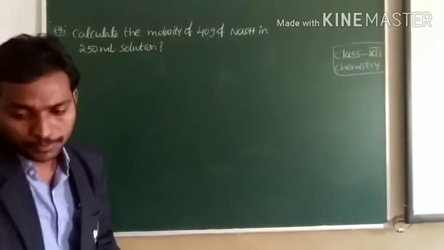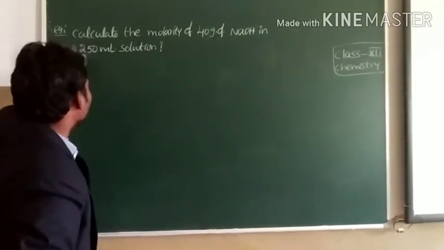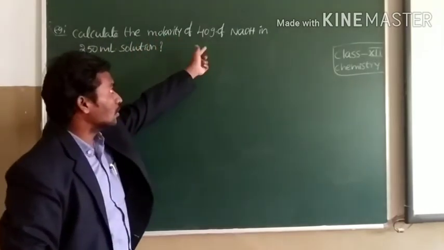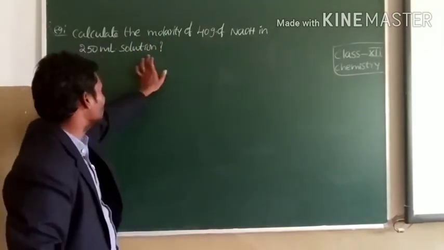This is the problem, children. Here, calculate the molarity of 40 grams of sodium hydroxide in 250 ml of solution.